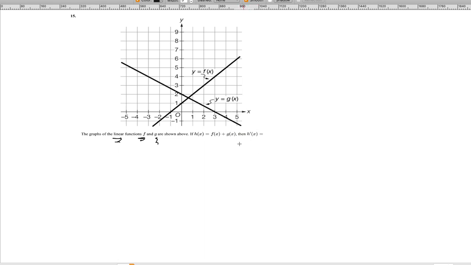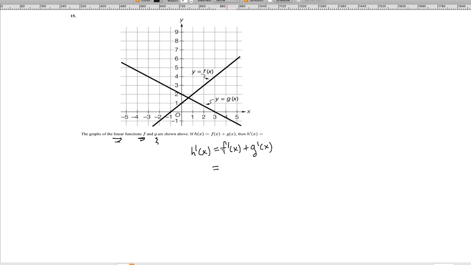Now, h prime of x represents the slope of the tangent line at any point x. Both of these lines, f of x and g of x, are linear. So the slope of their tangent lines, or h prime of x, is just f prime of x plus g prime of x.